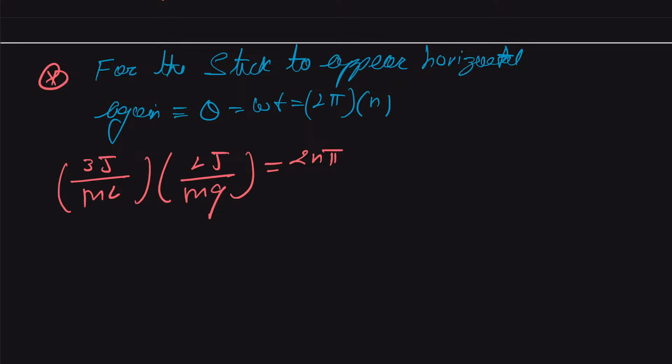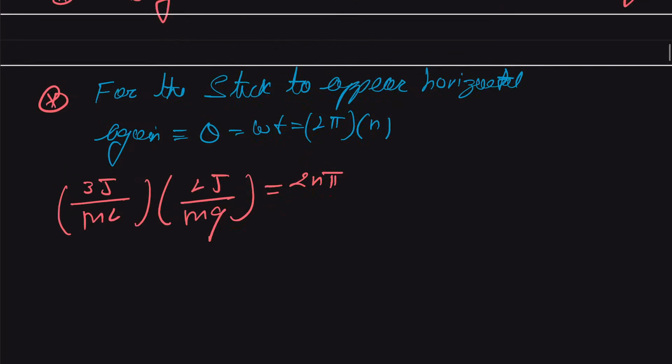The rest of the calculations are identical. From here we can find that J square will be equal to, 2 and 2 cancel out, pi m square gL divided by 3 multiplied by n.